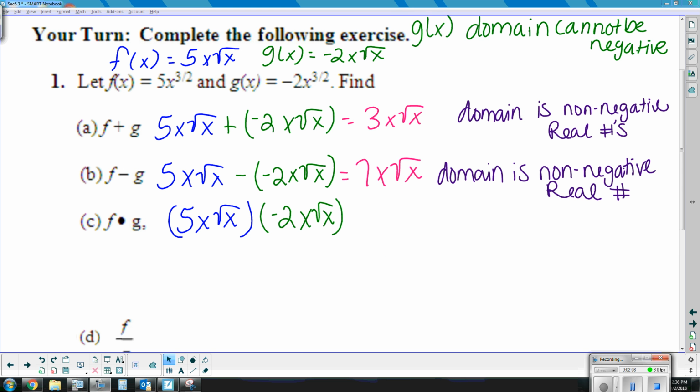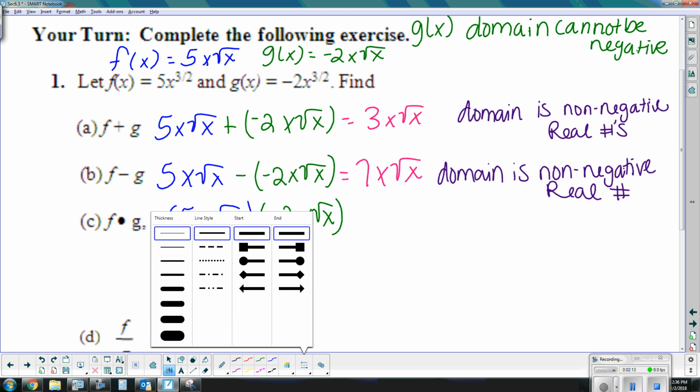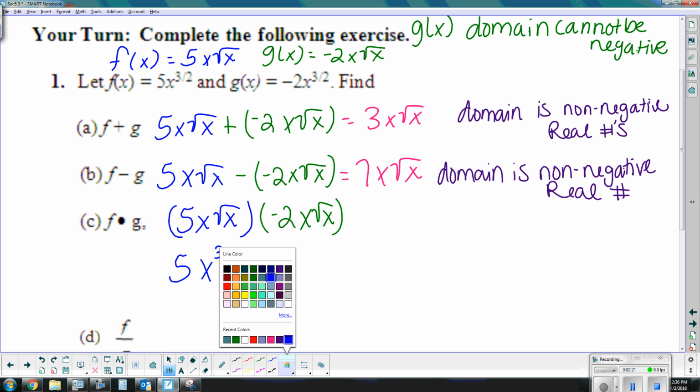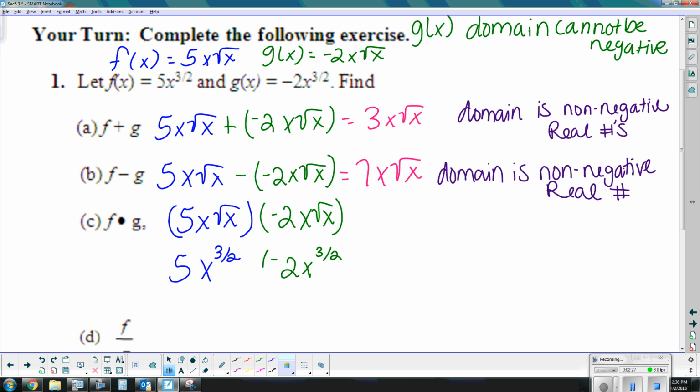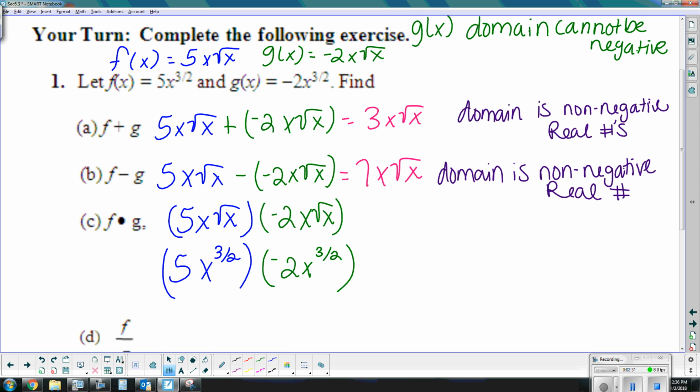And actually, to make this a little bit easier, I'm going to put it back how it was defined originally, where it has the rational exponents. So this is 5x to the 3 halves. And this is negative 2x to the 3 halves. And we're multiplying these together. And the reason I'm going to do this is so that I can add those exponents.